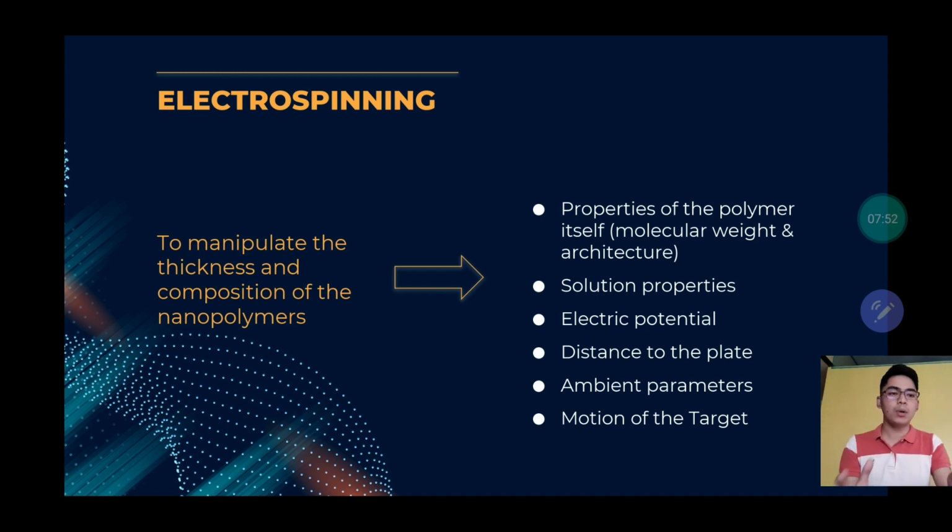Also, we change the properties of the solution, and we vary the electric potential between the syringe and the collector plate. The next is the distance from the nozzle of the syringe to the collector, then the ambient or surrounding parameters, and lastly, the motion of the target, depending on how we move the nozzle of the syringe.